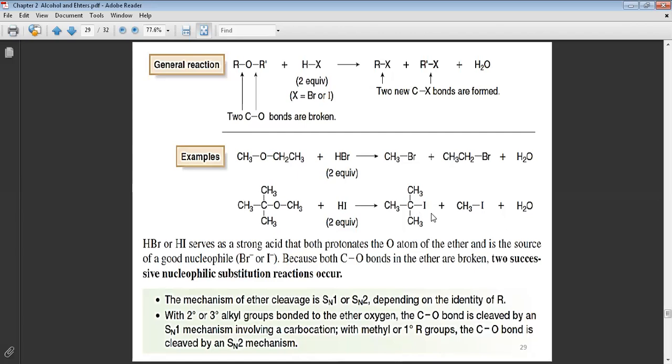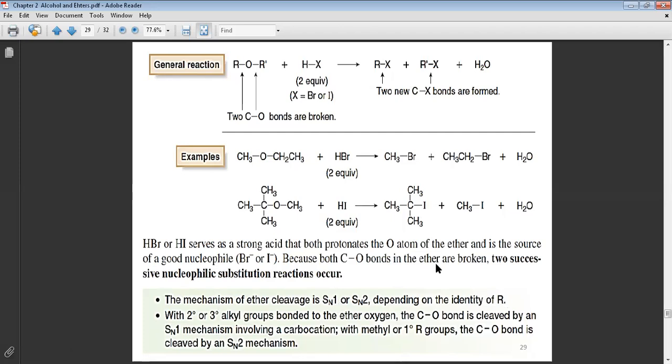Okay, I will give you the mechanism. It is the same as the mechanism for the alcohol; there is no difference. The mechanism of the ether includes SN1 or SN2, depending on the identity of the R group.